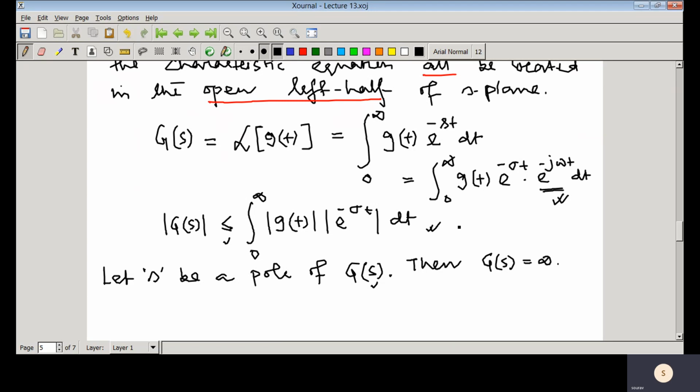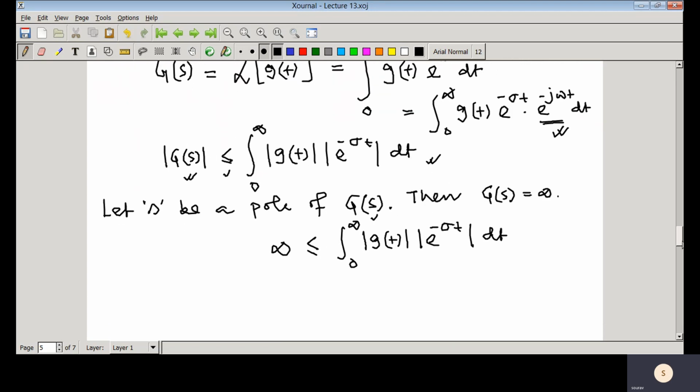Then from this particular relationship we would have that infinity, because this G(s) would be infinity, is less than or equal to the integral from 0 to infinity of g(t) e to the power sigma t dt. So whenever s is a pole of the transfer function, at that particular point this relationship holds.